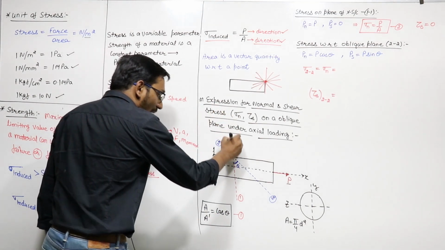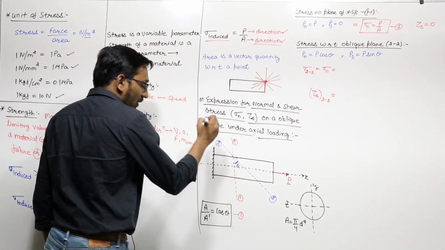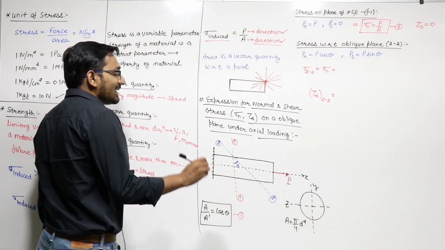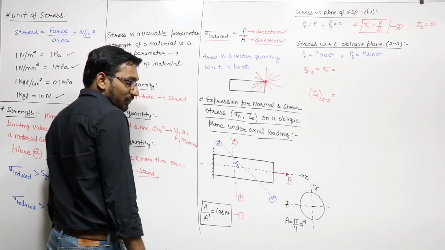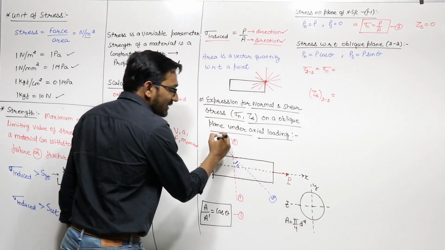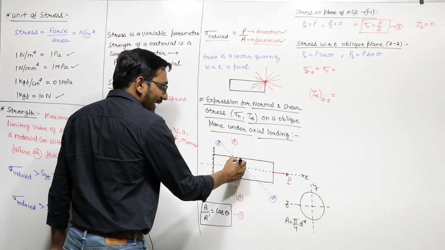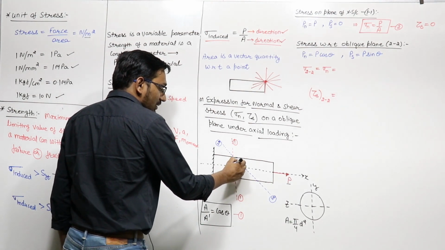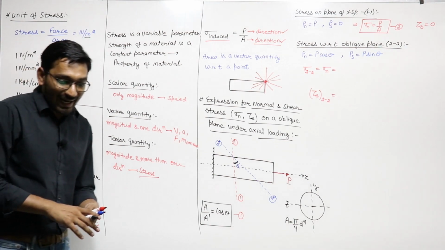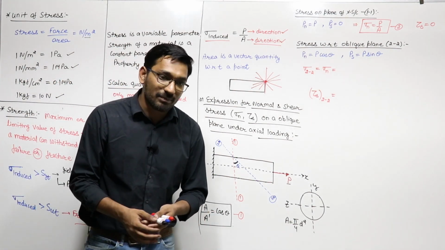I want to know the stress on an oblique plane. This is section 2-2, the blue oblique plane, which is at an angle theta from the plane of cross section. Theta is the angle between the plane of cross section and the oblique plane.